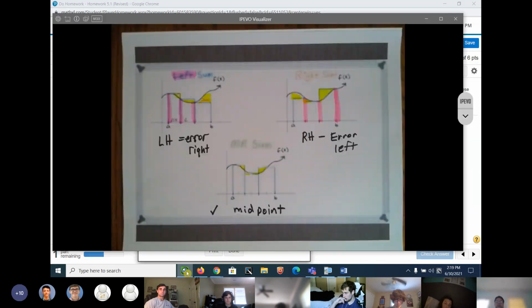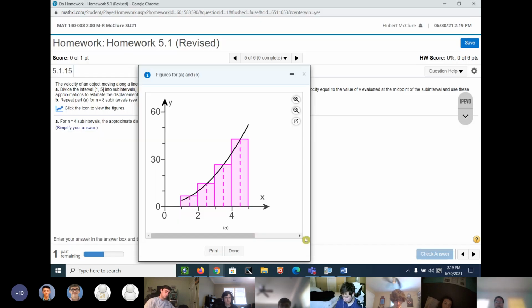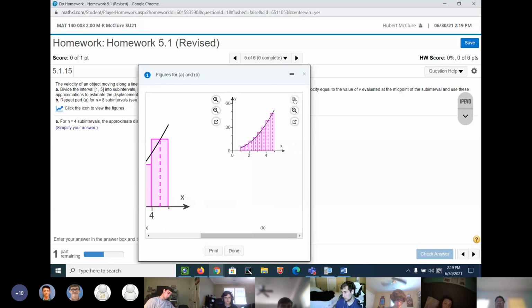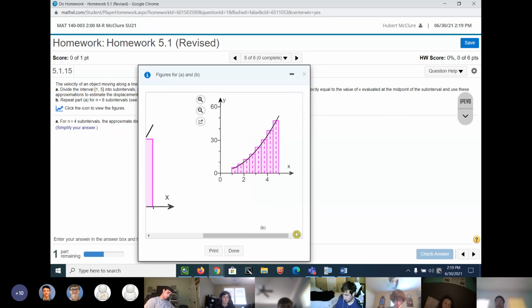There's my rendition right there. And that's 4 intervals. And then the other one is 8 intervals.